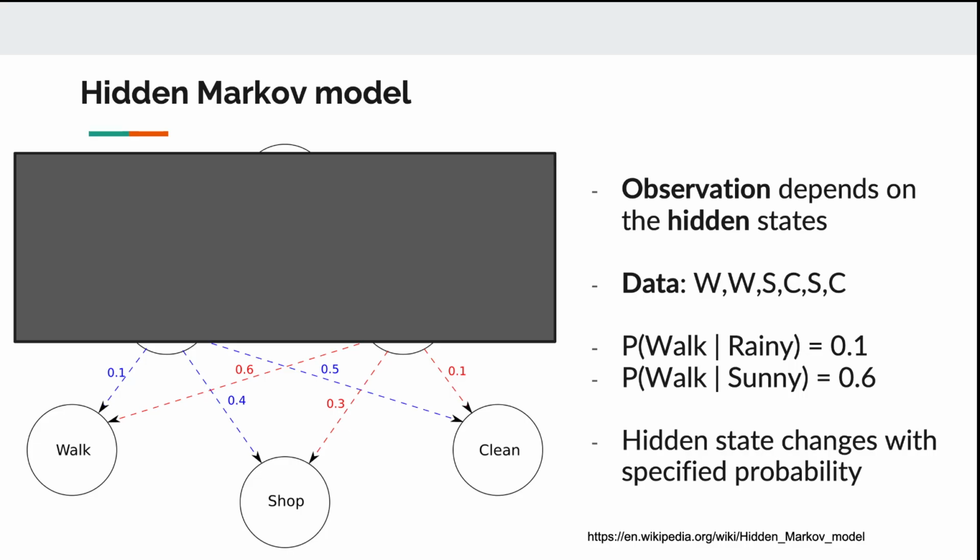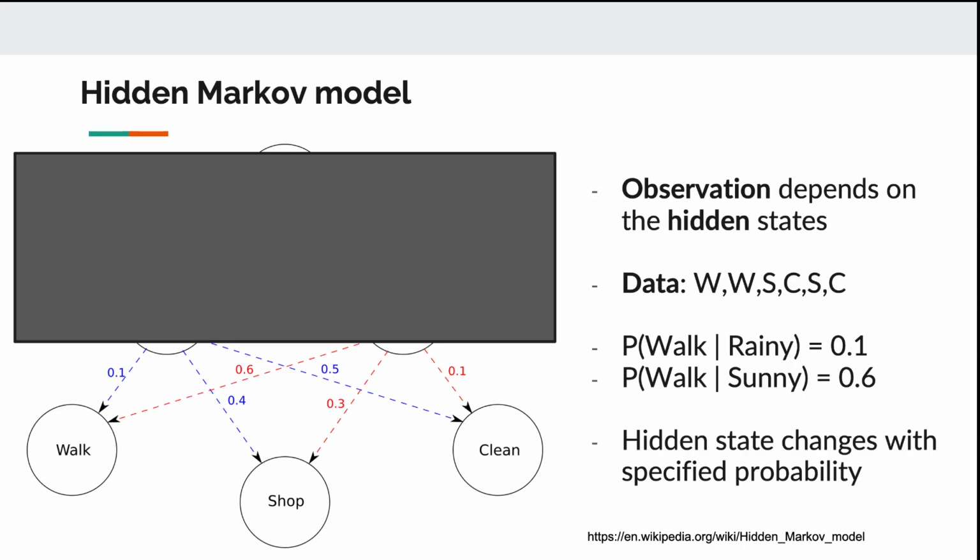In the case of this weather model, we might not be able to observe the weather directly. Let's say you live in Thailand, but you are following some K-pop idol, and you look at his or her Instagram every day, and you see that he or she is taking a walk today, is going shopping today, or is cleaning his or her apartment today.